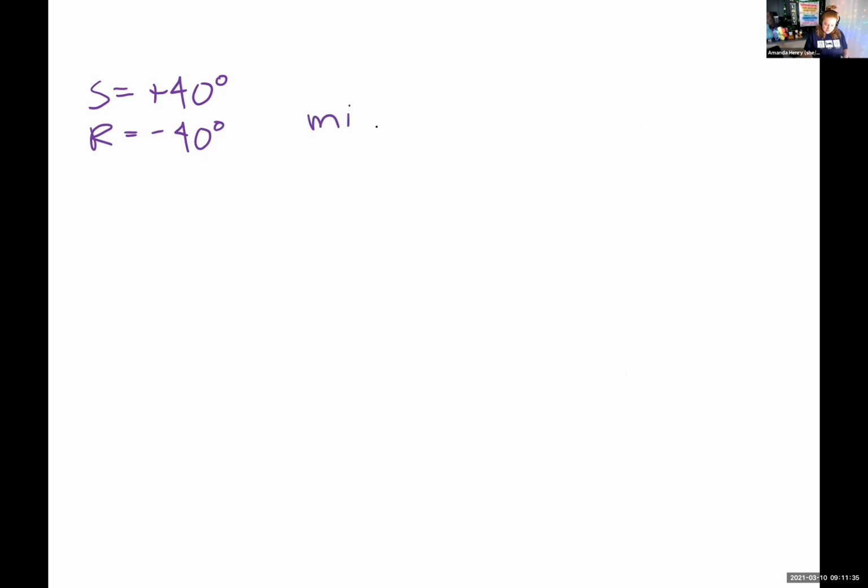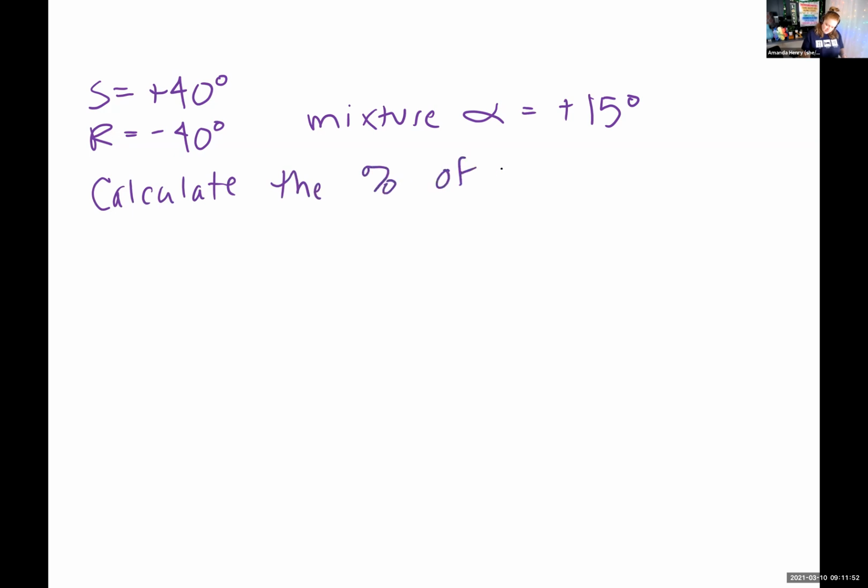We have a mixture of the two, and the rotation is positive 15 degrees. And we are going to calculate the percentage of each enantiomer.